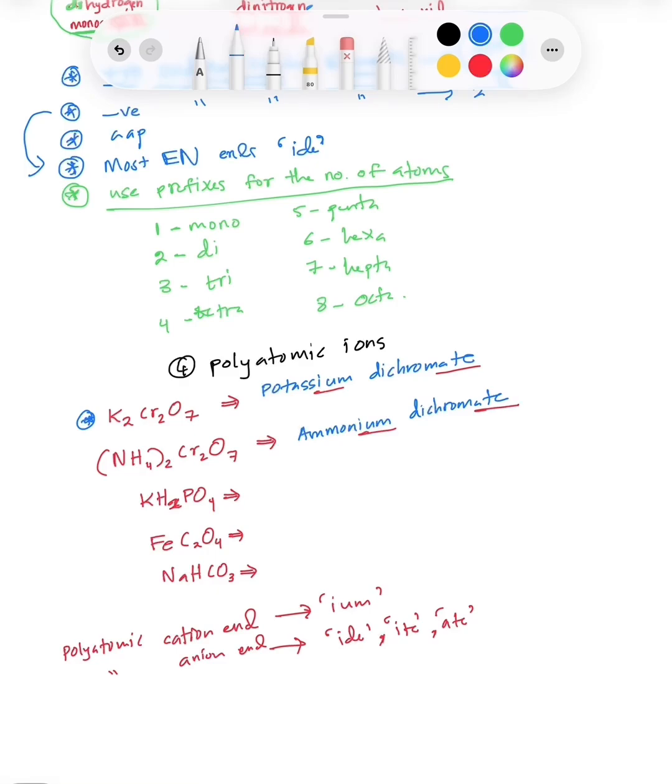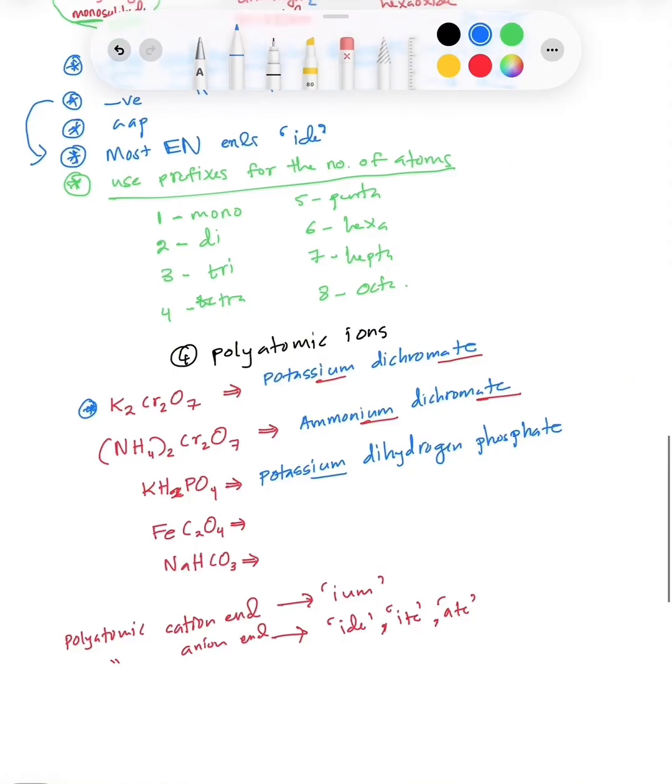And then this one is potassium dihydrogen phosphate. And then the next example, here also -ium and -ate. Iron(II) oxalate.